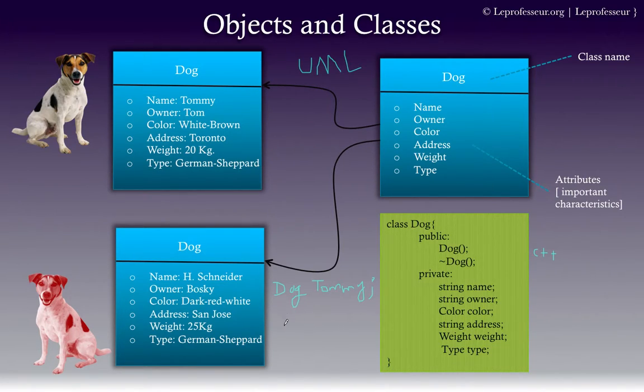Say if we want to modify the property of Tommy, let's say the Tommy object, dot, and it has a weight. Okay, so that's more sort of implementation oriented.